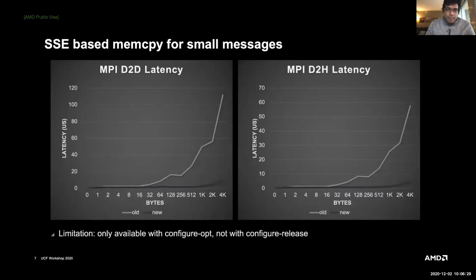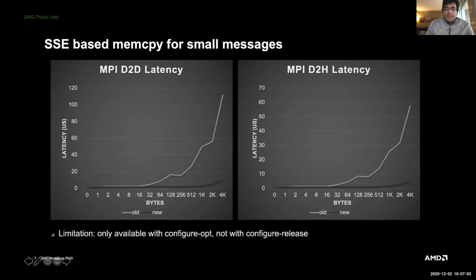Here are some numbers that we can see from using this memcpy. As you can see, we have a very big improvement in terms of latency as well as bandwidth. One of the limitations is that since it uses AVX or SSE instructions, it's only available if you build your own UCX with the configure opt command.